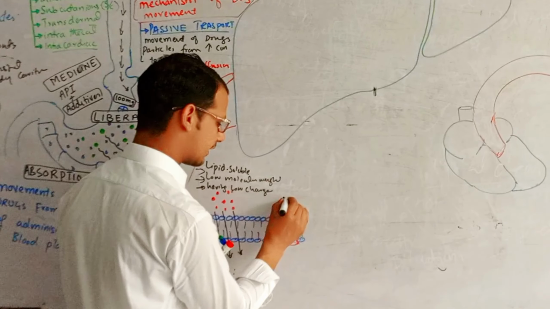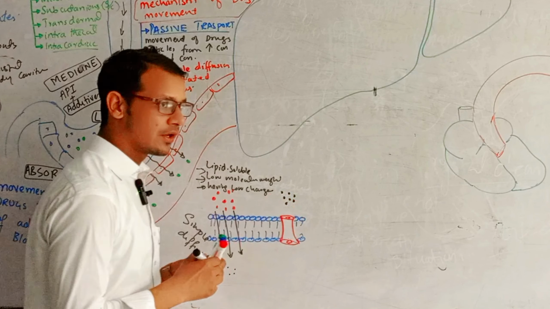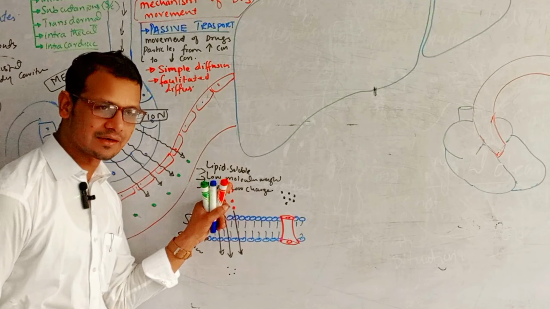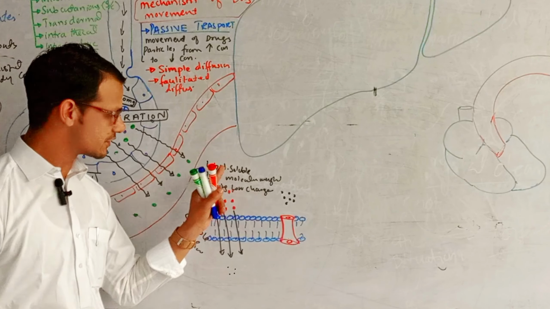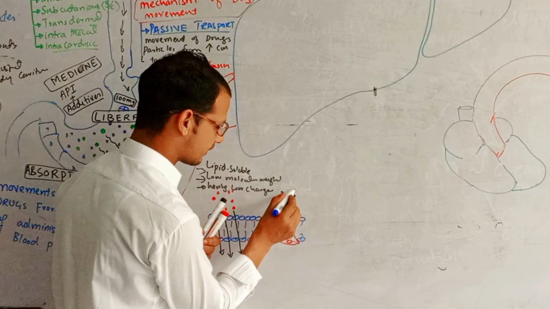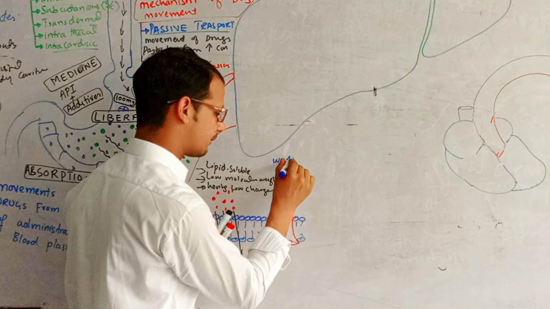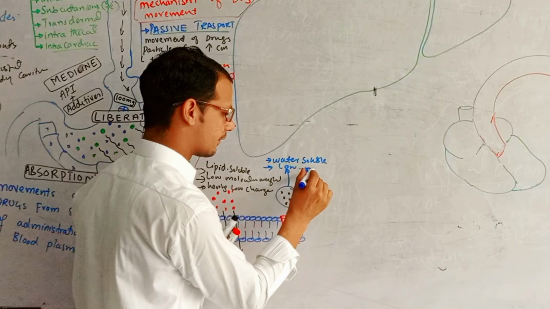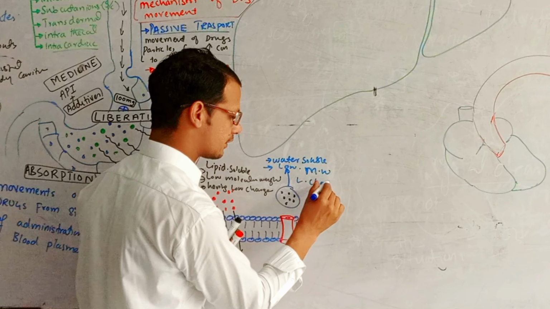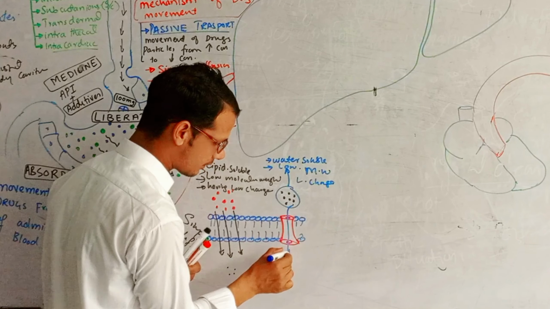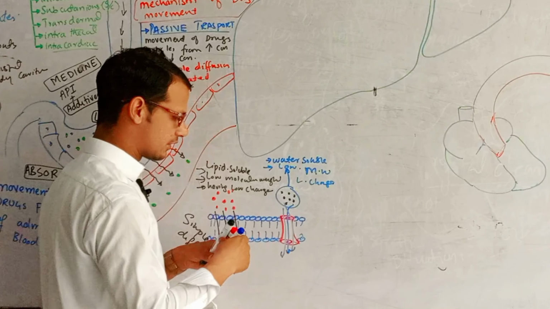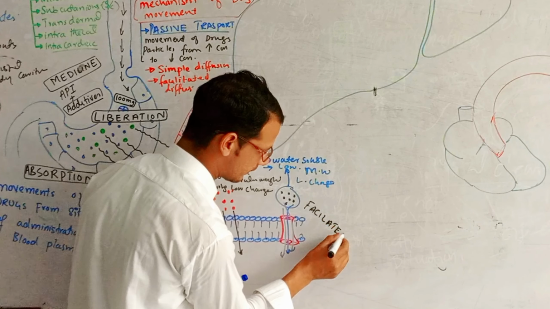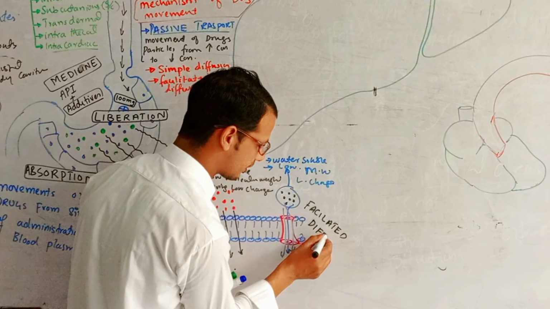For example, if the drug has low charge, low molecular weight, but the drug is water soluble, right? These drugs will follow facilitated diffusion because they use ion channels. This is facilitated diffusion.